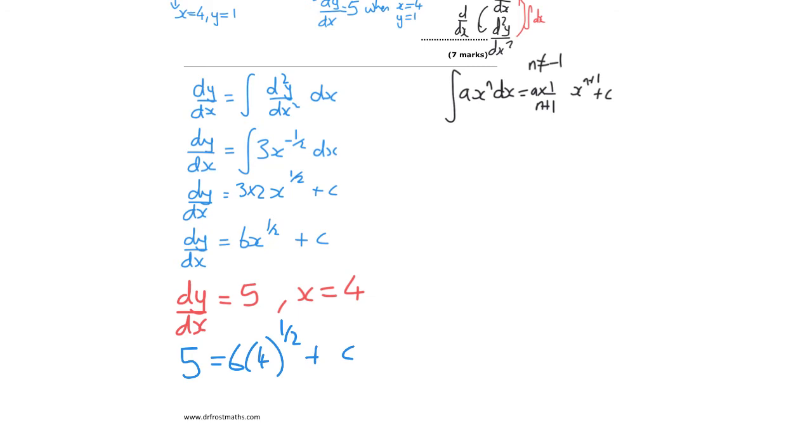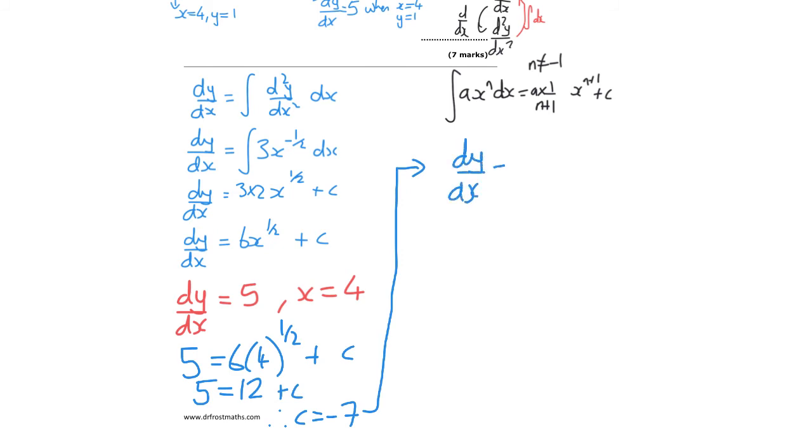Times by 6 is 12. So I get 5 equals 12 plus c, which I can solve very quickly to get c is minus 7. So therefore, I've now got dy by dx is 6x to the half plus minus 7, which is just negative 7.